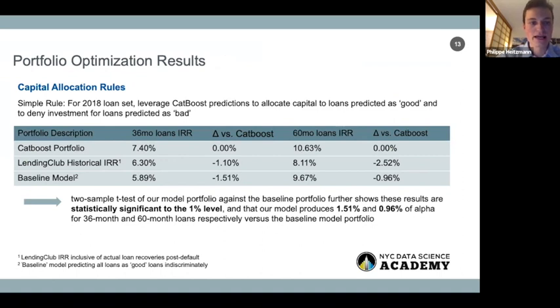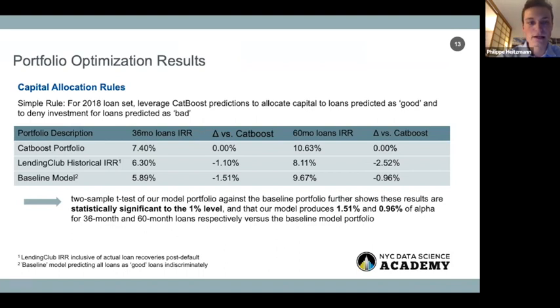You'll see here this CAP-based portfolio for 36-month loans. There are 2 types of loans in the LendingClub data: 36-month loans and 60-month loans. The loan applicant will actually be paying 36 payments in the case of 36-month loans, and 60 payments for 60-month loans.